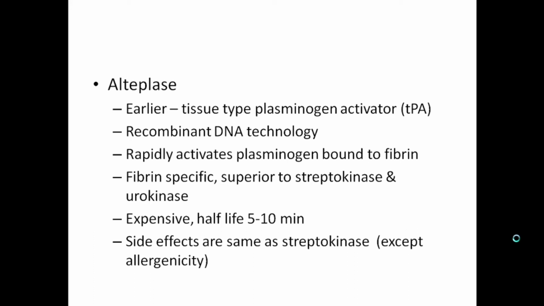When we compare it with fibrinogen, the activity is more towards fibrin, and it is fibrin specific in nature. It is superior to streptokinase and urokinase also, but compared to streptokinase and urokinase, it is expensive.